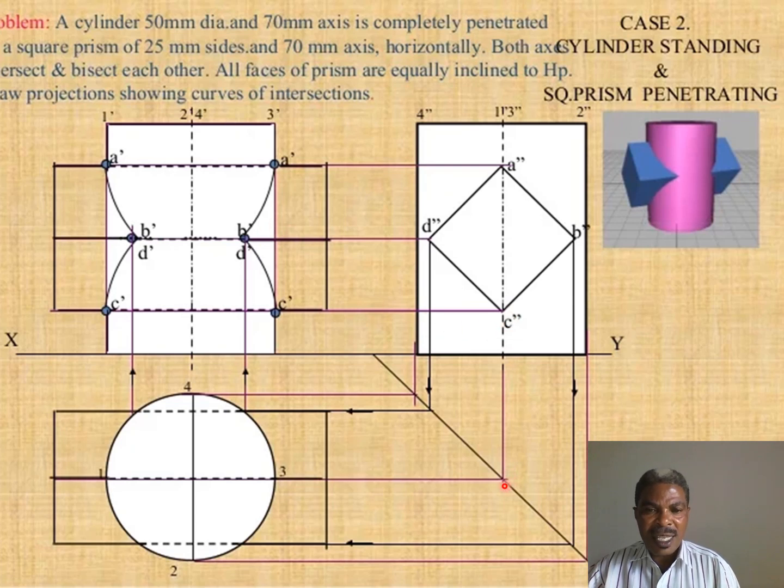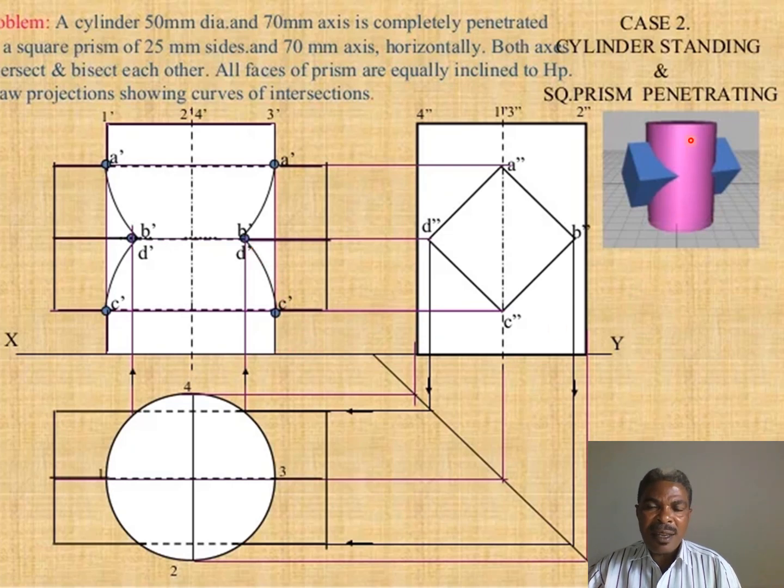So C is here, you can see C. Then you project upwards, you meet another line from the same C here. So one thing to note, here it's not a straight line C to D or B to A. Likewise, B to C is not a straight line, it's a curve.